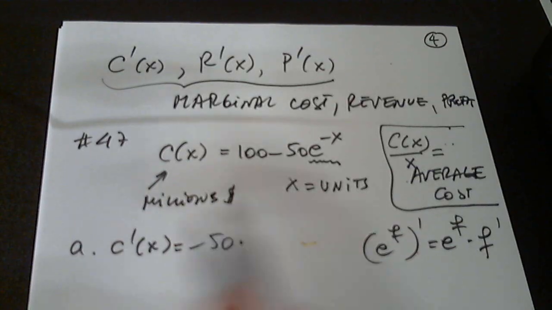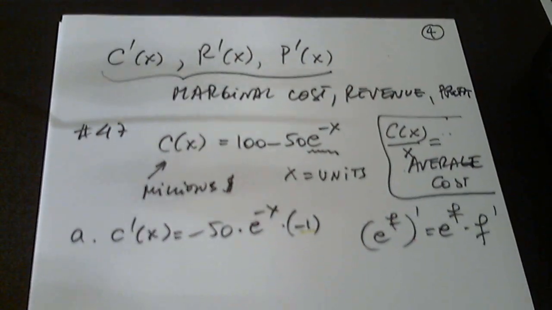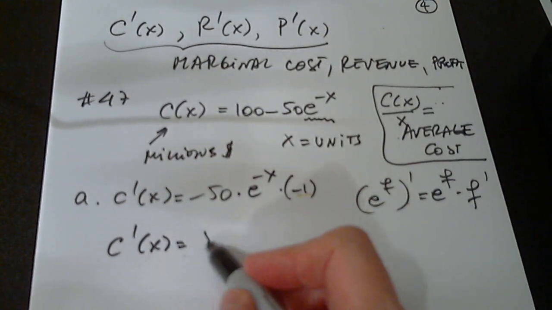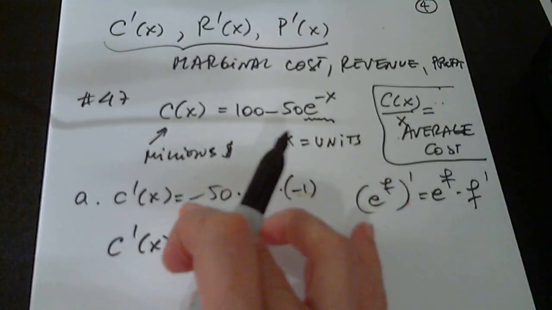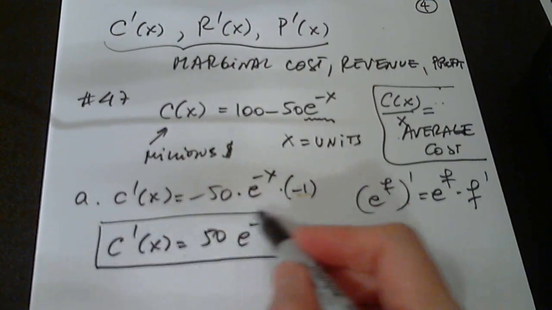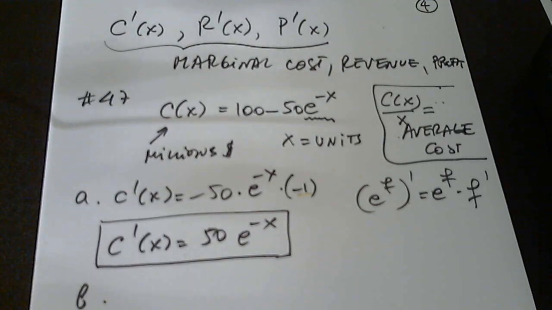Is it e to the negative x times negative 1? Good. I saw Devin wrote it. Good. So then C prime of x equals 50 e to negative x, because when I multiply these two, the negatives cancel. Good. So we got the answer to part A.